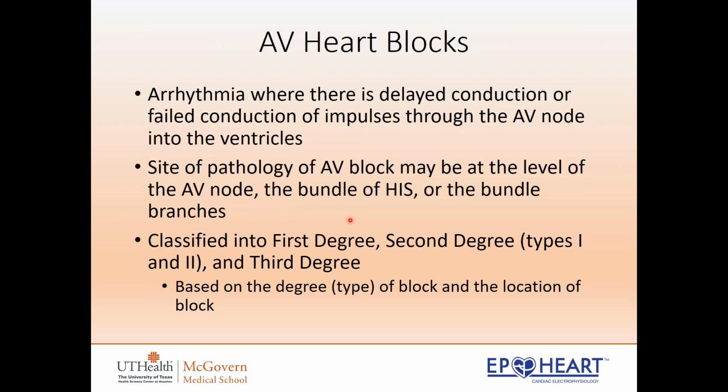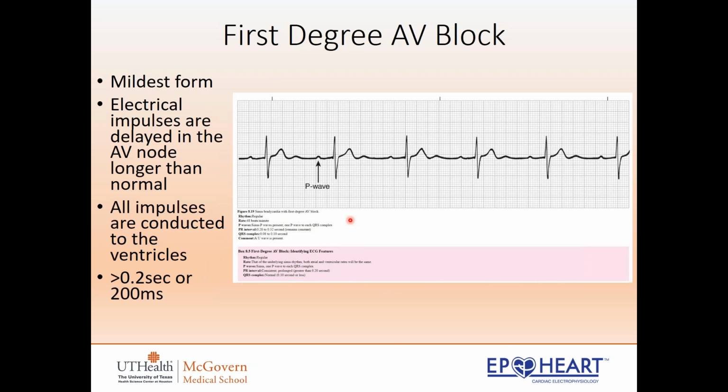To go a little bit more into our AV blocks, I'm pretty sure we're all familiar with first degree, second degree, and third degree, but I wanted to give an idea of how that relates to us in the lab. First degree, we really don't care much about it. It's pretty benign. We'll measure those AH and HV intervals like I was talking about before, and if the AH is longer, meaning it takes a longer time to get from the SA node down to the AV node, we really don't worry too much about it.